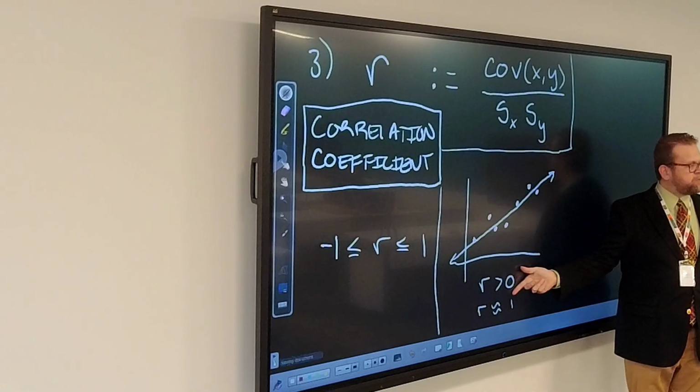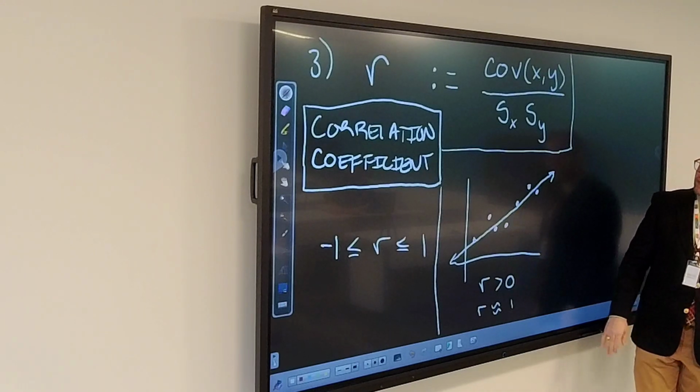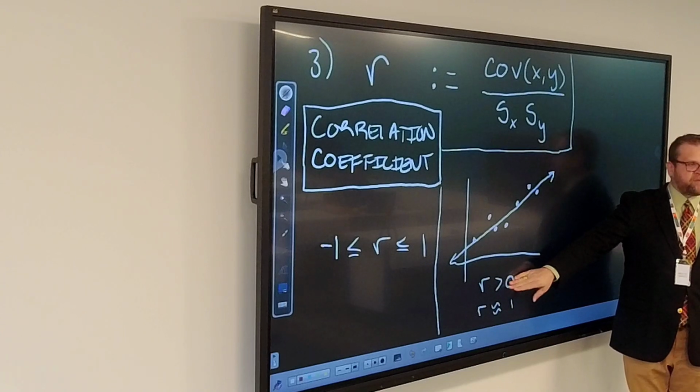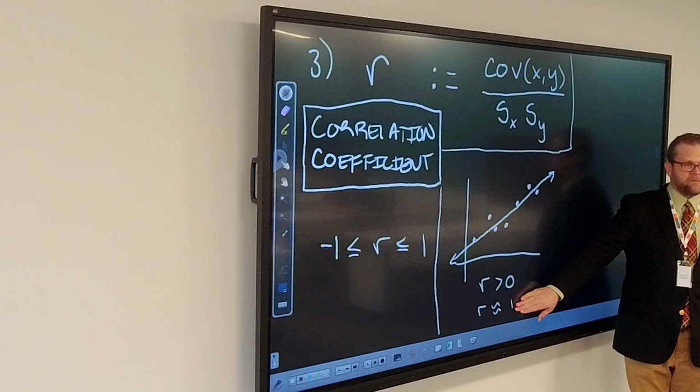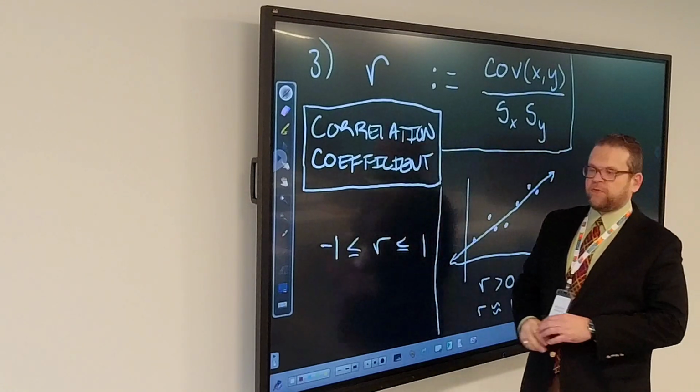So the R value is positive because the slope of the line is positive. It's not close to 0 and positive. It's closer to 1 than it is to 0 because of how close the points are to the line.